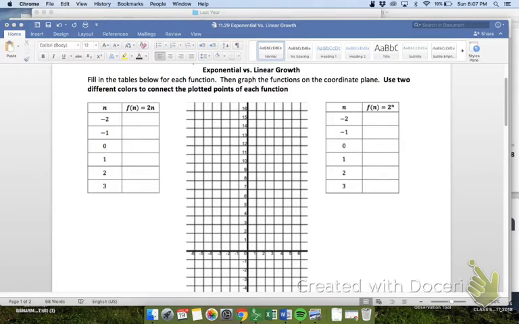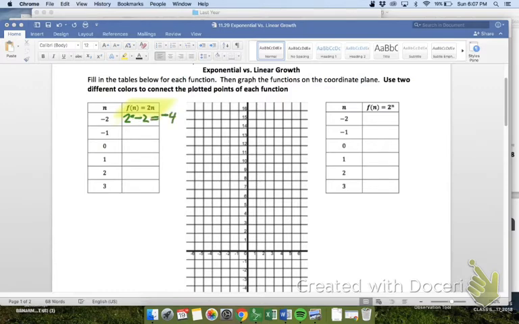On the left-hand side, we have a table with n and f of n, where f of n is equal to 2n. If we start plugging in values for n, f of negative 2 would be 2 times negative 2, which is negative 4.